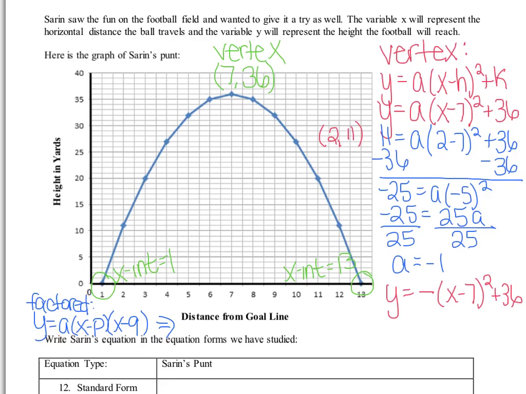The other thing that's nice is we already know a because we found it over here. So really my factored form is just going to be y equals negative (x minus 1) times (x minus 13), because those are my x-intercepts that I found. We take the opposite, and we found a over here as negative 1.